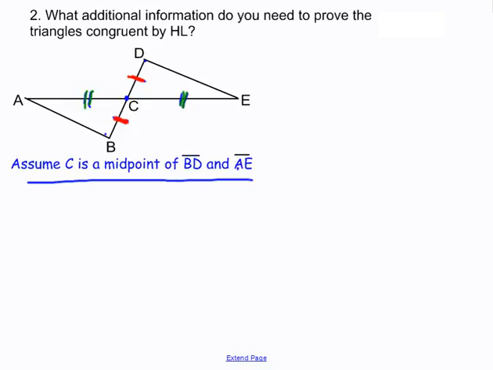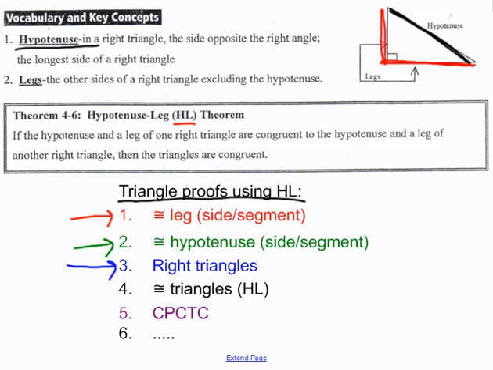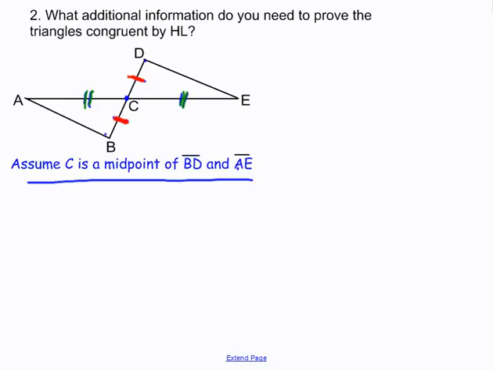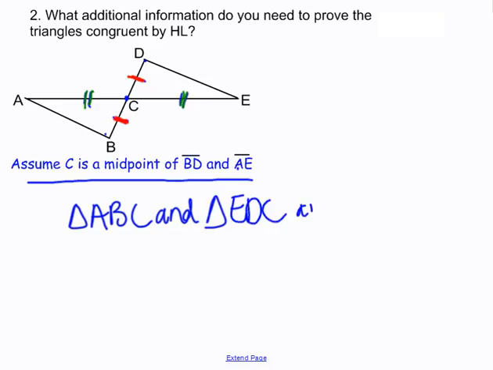The third thing we need, if you look back over here, is right triangles. So what you need to say is triangle ABC and triangle EDC are right triangles.